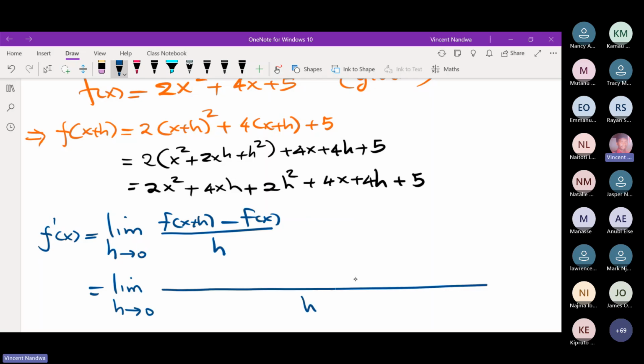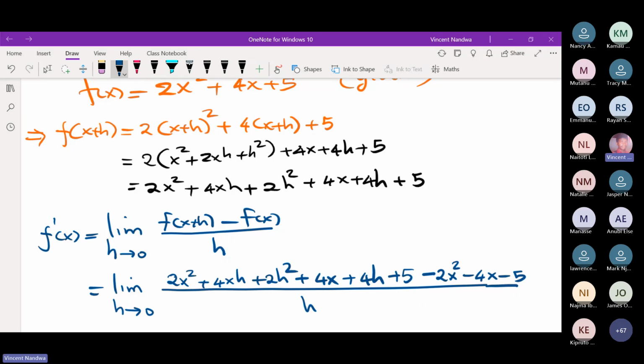This first expression for f of x plus h is this. So I'll have 2x squared plus 4xh plus 2h squared plus 4x plus 4h plus 5. Then we are subtracting f of x. So when you subtract, each term of f of x will have a negative sign. We'll have minus 2x squared minus 4x minus 5. I hope you understand where I'm getting my minus signs.